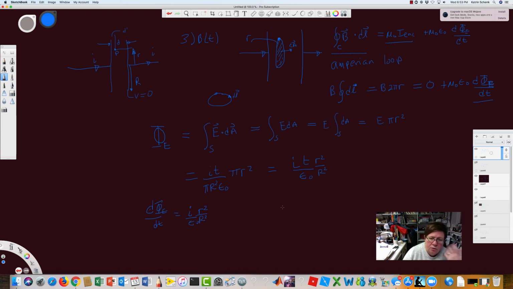Okay, so now my B field will have, so far I had 2 pi r B, and then I have mu 0 epsilon naught, and then my d phi dt, which is I r squared over epsilon naught big R squared. The epsilon naught goes away, and so I end up with just I r squared over big R squared times mu 0.